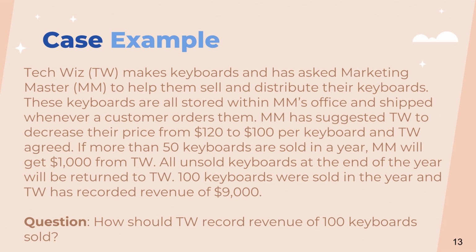If more than 50 keyboards are sold in a year, MM will get $1,000 from TW. All unsold keyboards at the end of the year will be returned to TW. 100 keyboards were sold in the year, and TW has recorded revenues of $9,000. So the question here is, how should TW record revenue of those 100 keyboards, and was what they did correct?